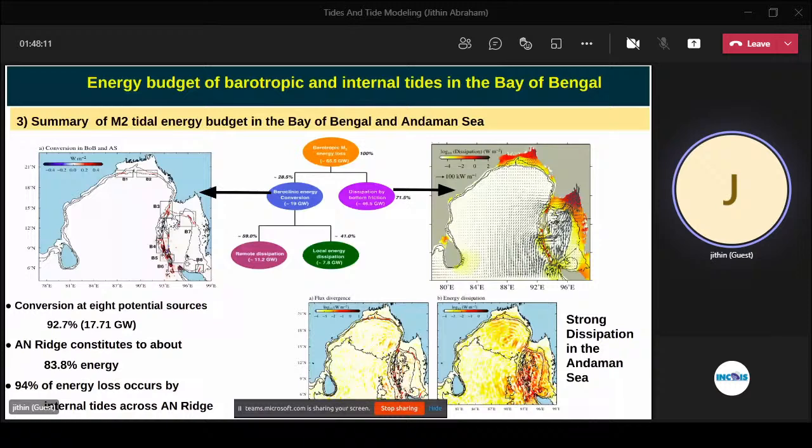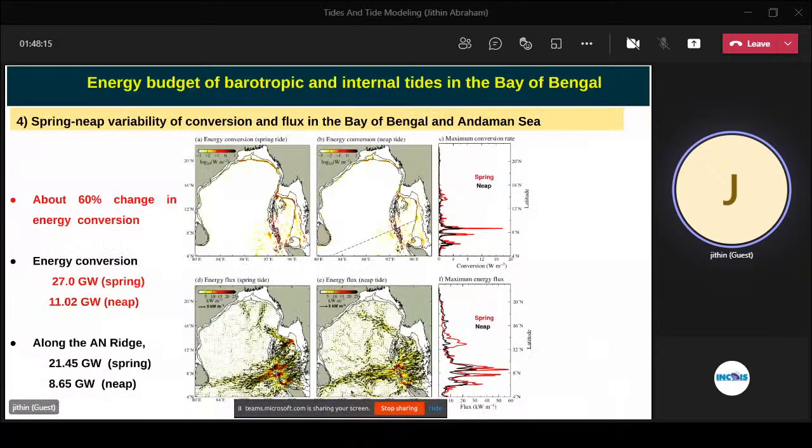It also shows very strong variability over a spring-neap cycle. During spring tide, the internal tide generation is strong in this area and weak during neap tide.